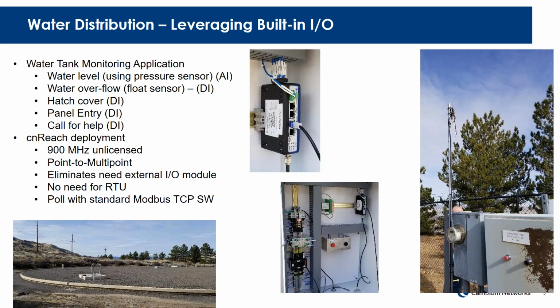That's the sensors themselves. So this is a great example of cnReach having the built-in general purpose I/O. In this particular application, using the 5 inputs that they're looking for, they were able to put all of this directly into the radio. No need for that RTU or external device to convert the sensor data, but it's all directly integrated.